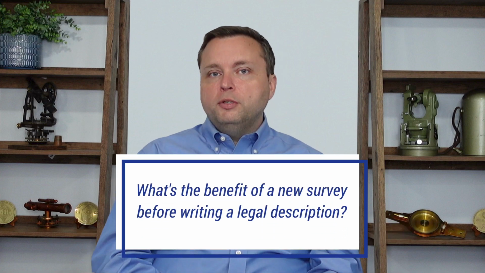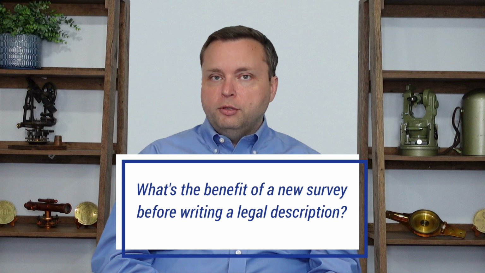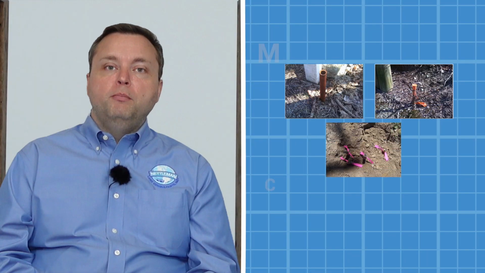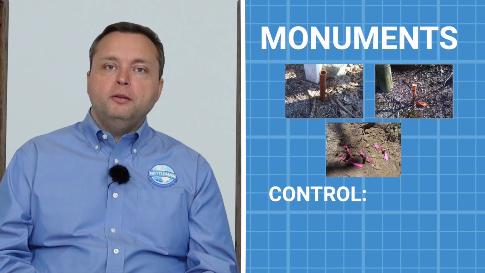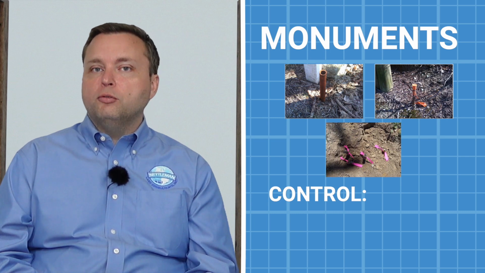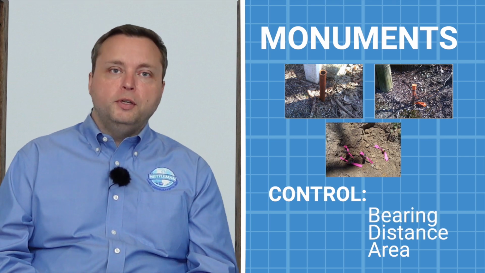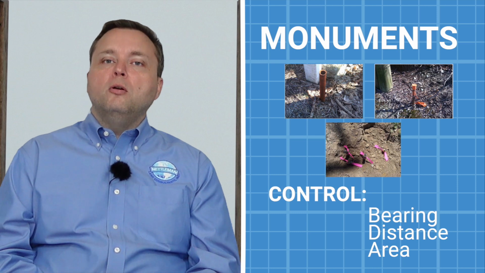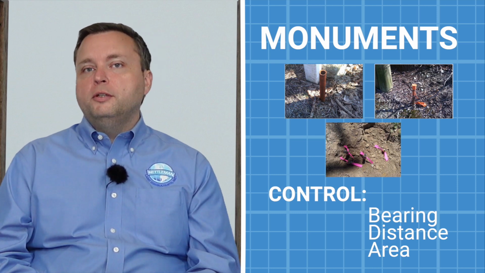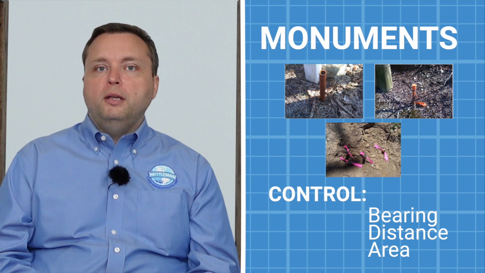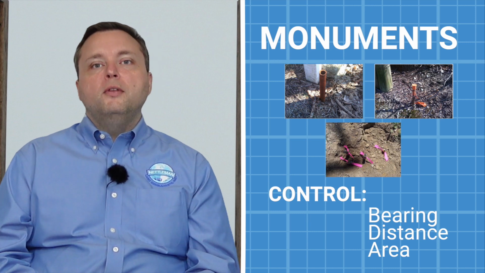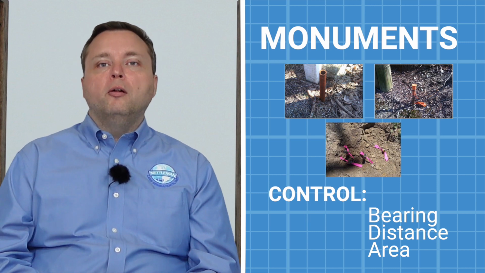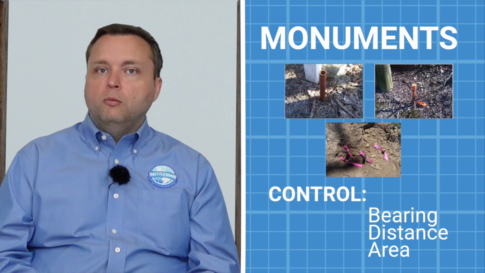Why do I have to do a survey before a new legal description is written? Because many times the monuments on the ground control over the bearing, distance, and area. So if I don't know what monuments exist in the property, which are the controlling calls, then I have no idea what are my bearings and distances, which control the area.